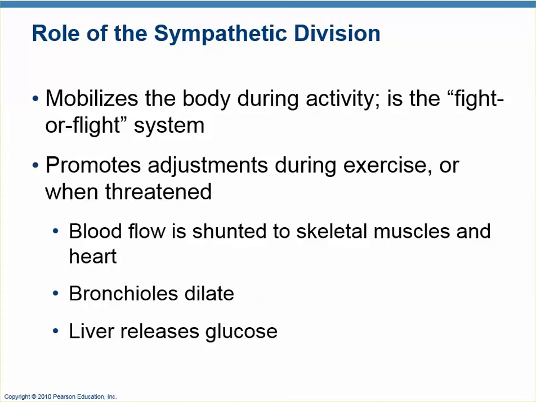You don't waste any blood going to unnecessary things like your digestive system, for that matter, or your skin. Your bronchioles dilate, so you get more oxygen. Your liver starts releasing glucose through either gluconeogenesis or glycogenolysis. Either way, blood sugars go up so that you can actually make more ATP. All of it is about making more ATP.